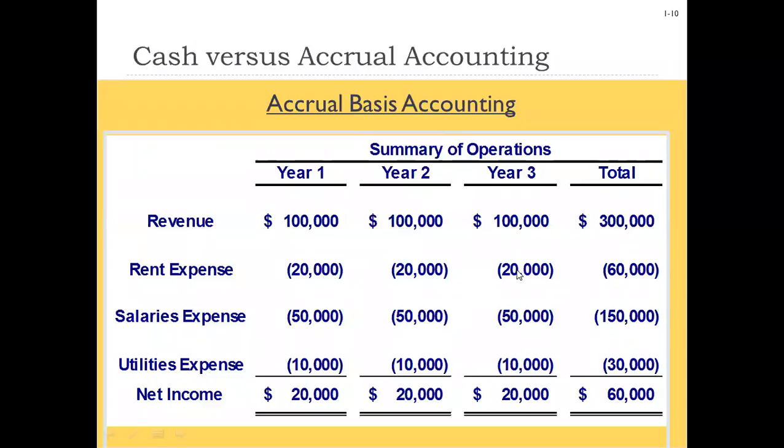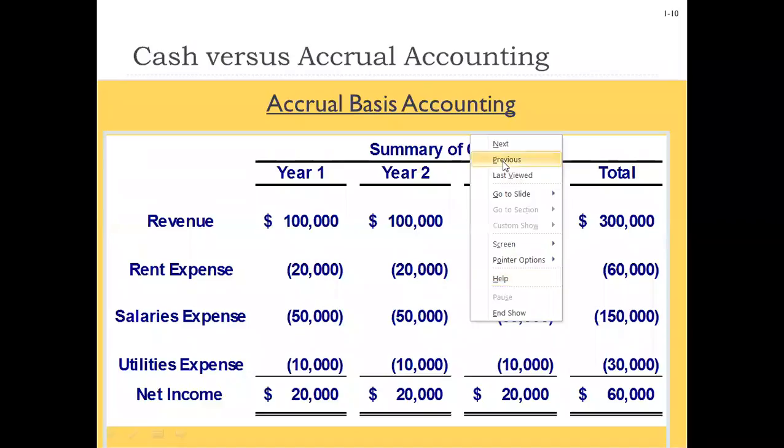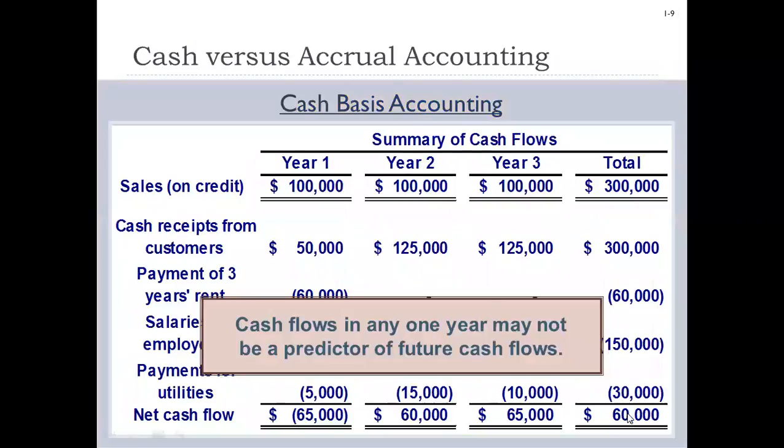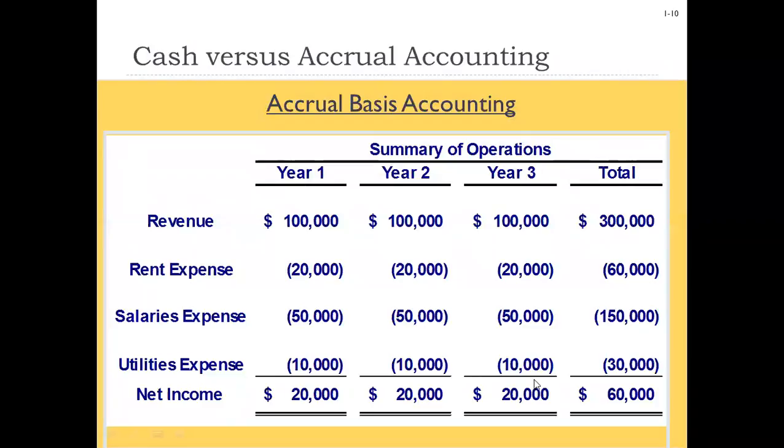Again, irrespective of when they get the cash. Salaries is the same at $50,000 a year, and utilities is $10,000 a year. So again, under the accrual basis of accounting, it doesn't matter when they pay the utilities, it's when the utilities happen, $10,000 a year. So the net income is $20,000 a year. So notice the total is the same as the cash basis. It's just the timing is different.